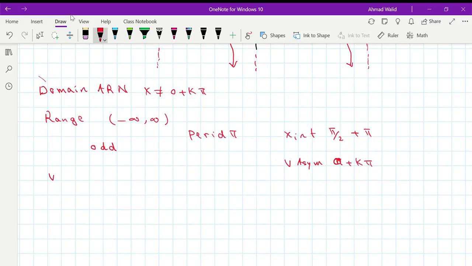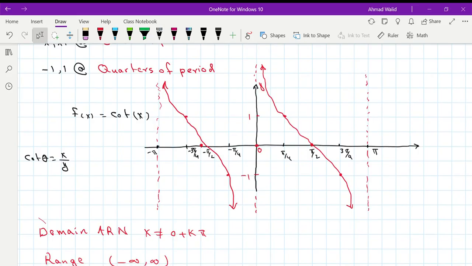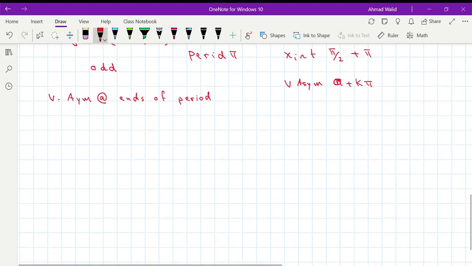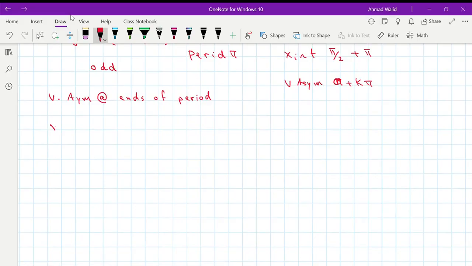They are important. Vertical asymptotes at ends of the period. Again, same thing. Ends of period. One cycle, one period that the graph completes. You see on two sides of this cycle or period, on this side and this side, you have always vertical asymptote. Correct? X-intercepts at center of the period, same thing as tangent.